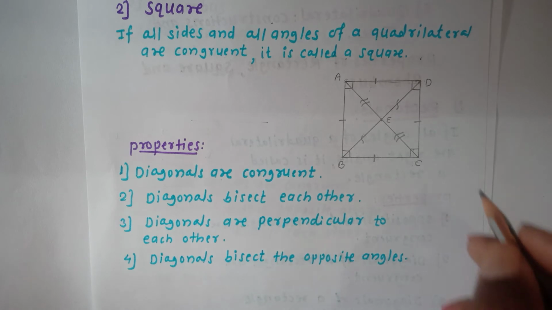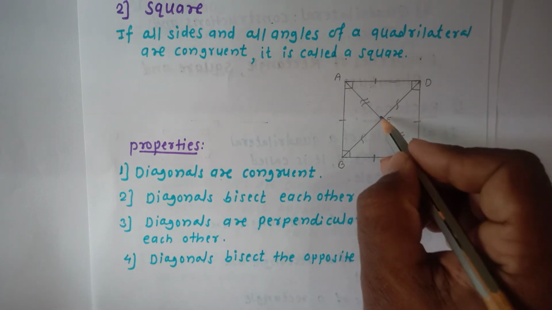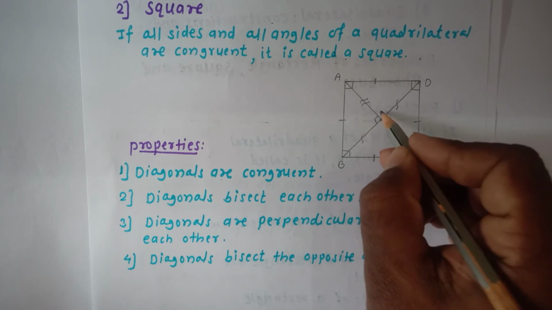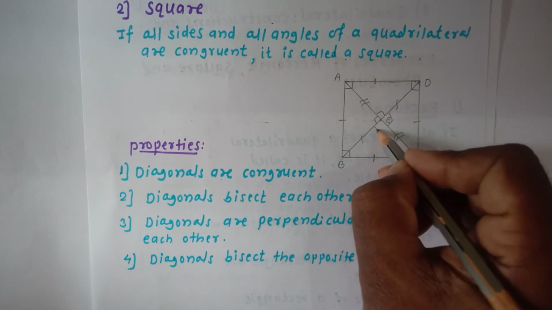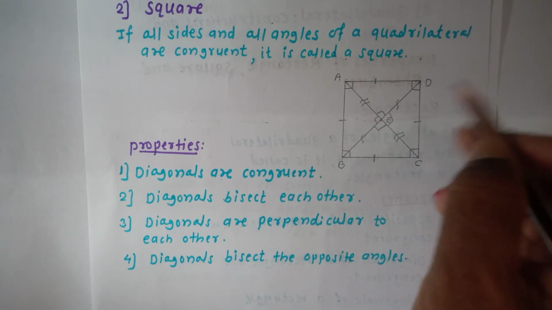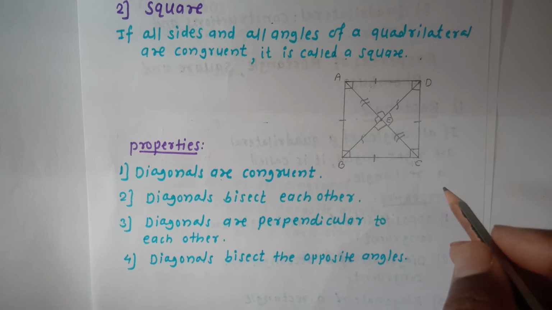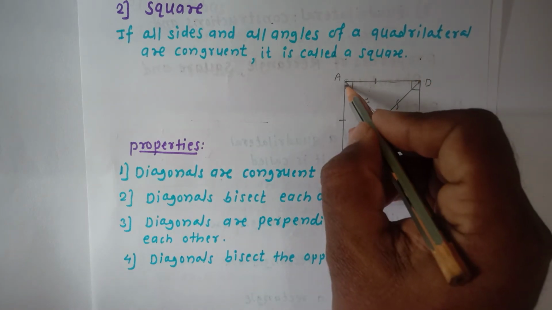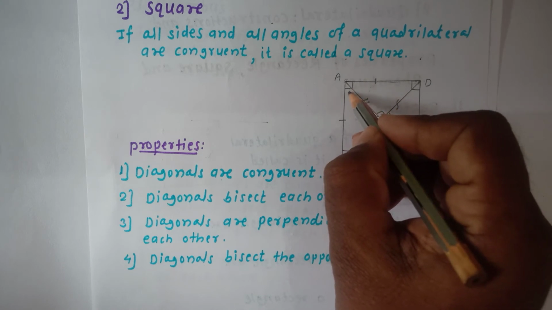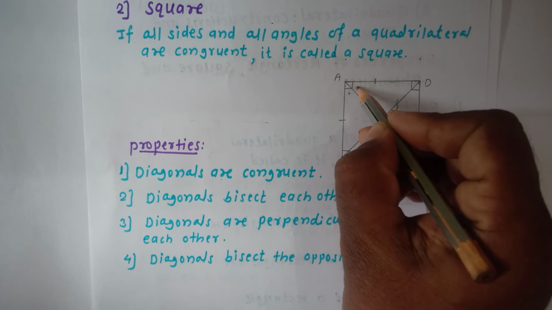Diagonals are perpendicular to each other. So these two diagonals are perpendicular to each other. These all four angles become 90 degree. Diagonals bisect the opposite angles. This diagonal bisects this angle A. So this is 90 degree, therefore this angle 45 degree and this angle 45 degree.